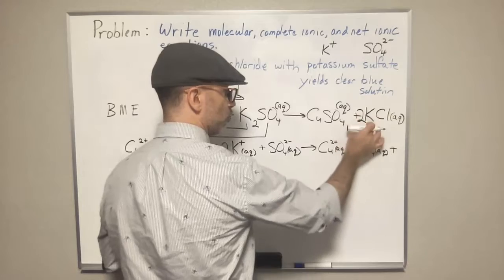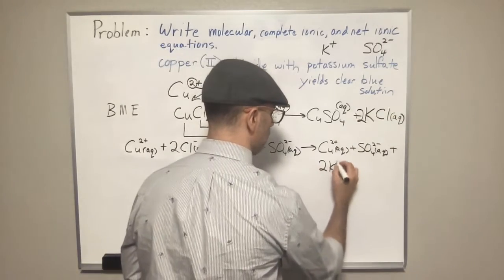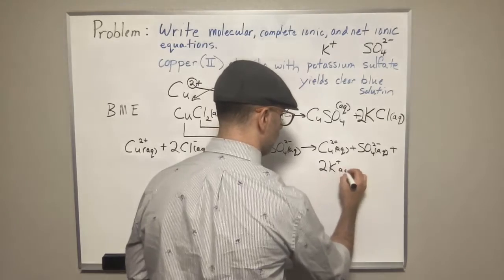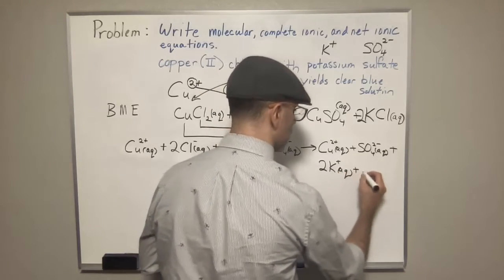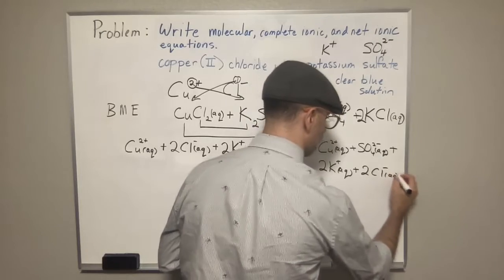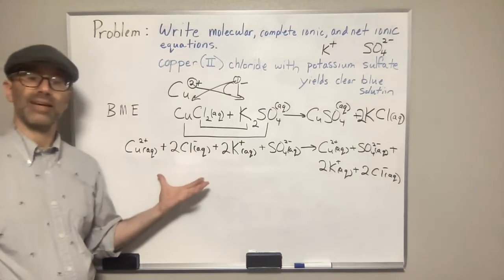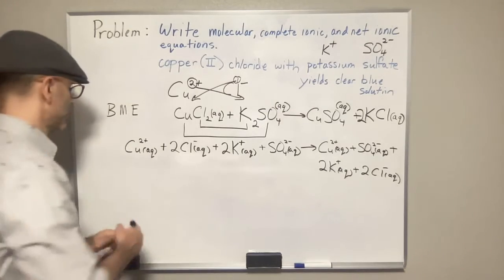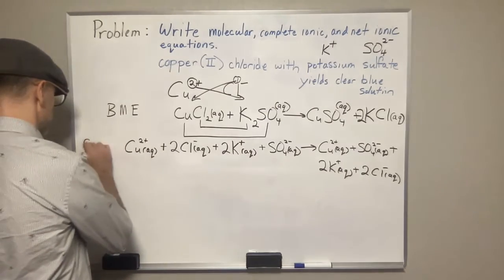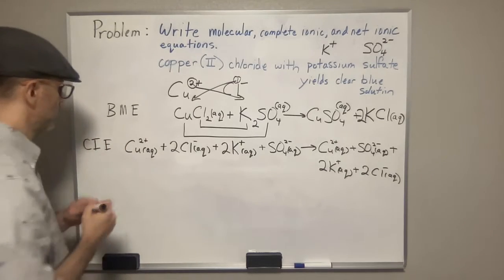So that means we have 2 potassiums and 2 chloride ions. So we're going to have 2 potassium plus aqueous plus 2 Cl minus aqueous. And so this here, ladies and gentlemen, is our complete ionic equation.